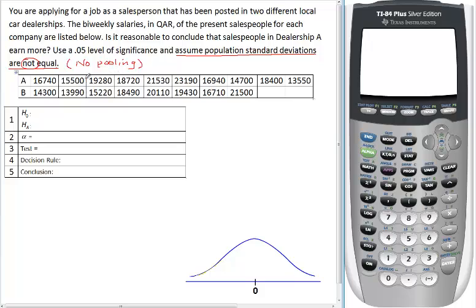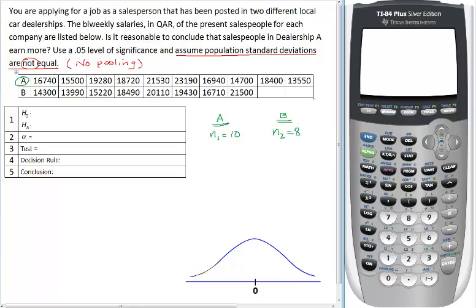Alright, so we have dealership A and dealership B. This one's dealership A, and it has 1, 2, 3, 4, 5, 6, 7, 8, 9, 10. The only thing we know about dealership A so far is that it has a sample size of 10, and dealership B looks to have a sample size of 8.